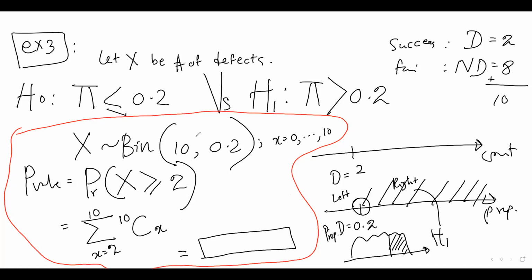What is the probability of success? 0.2. Did anyone write 0.5 there? No, right? 0.2 to the power x times 1 minus 0.2, which is 0.8 to the power 10 minus x.